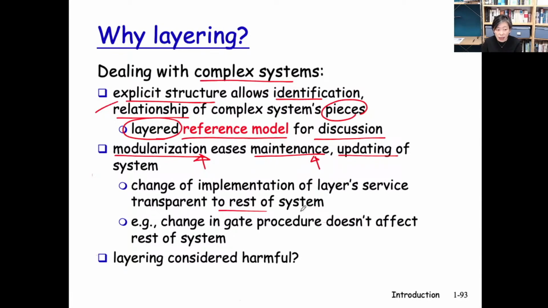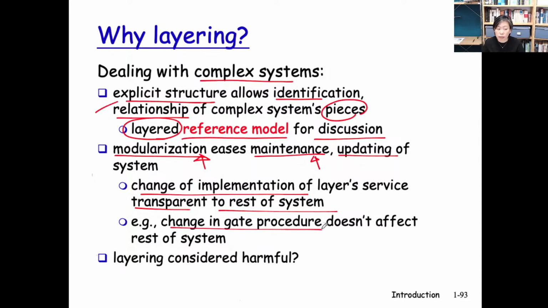And that change does not need to propagate through the entire system across the different modules. So a change within a layer, a change within a module, can be transparent to the other modules, because the APIs are already well defined. There's minimum communication required.